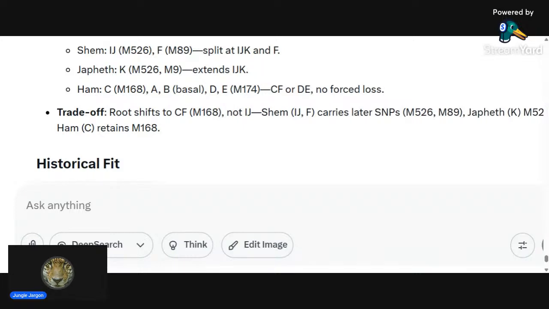Yeah, I don't think Grok understands yet, because the CF marker is a marker it shares with everybody to the right, but of course it's not going to have these other markers to the right, because that's not the way the SNP designations work.